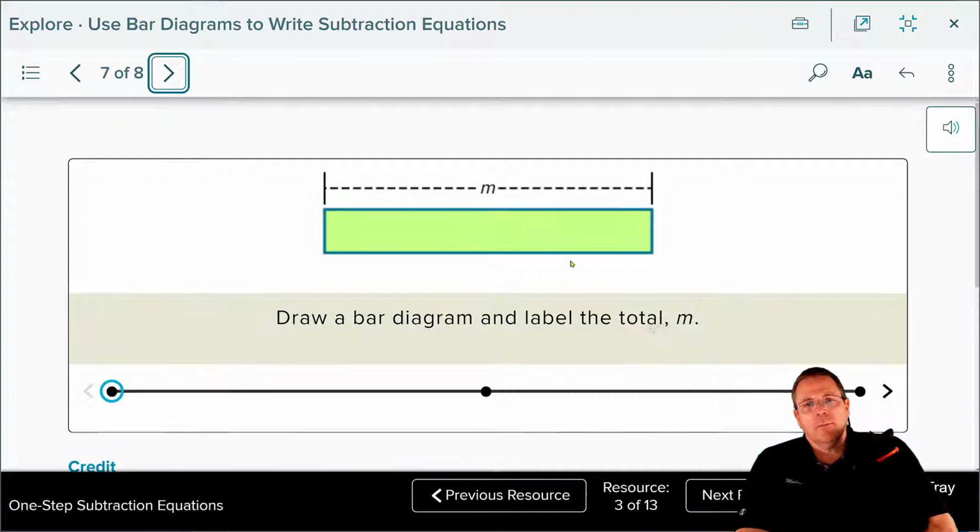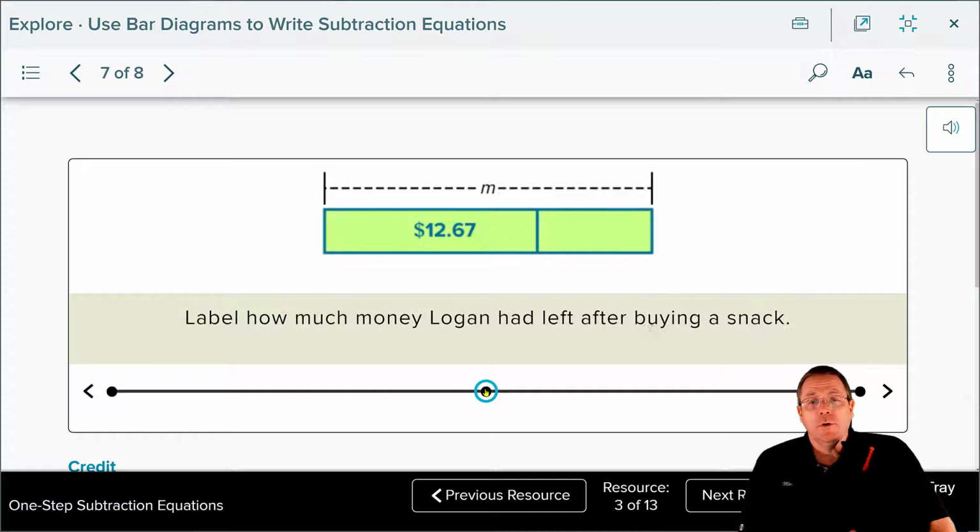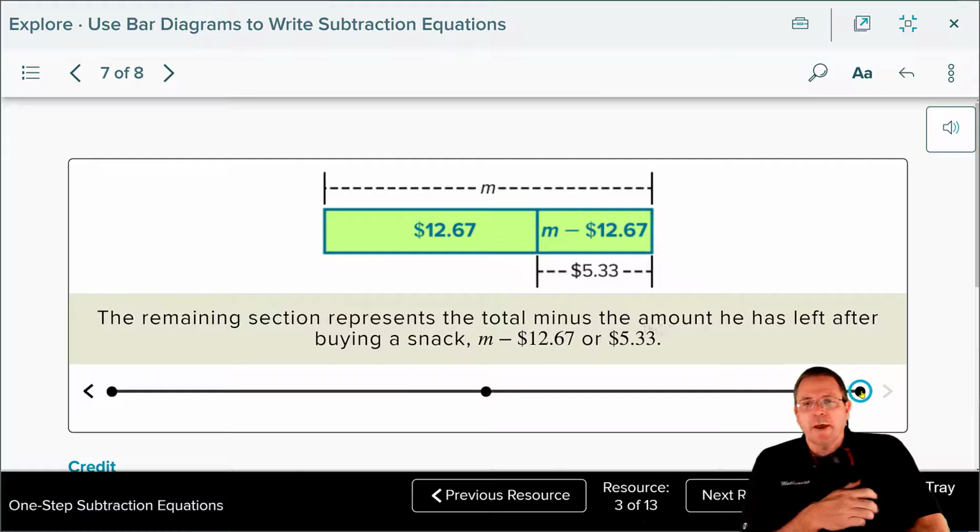So we start a bar diagram, and the total amount he had when he went to the mall was M dollars. We don't know how much M was, though. What we do know is he had $12.67 left, and we also know that he spent $5.33. So the M money he went with, minus the $12.67 he had left, leaves you with the $5.33 that he spent on the snack.